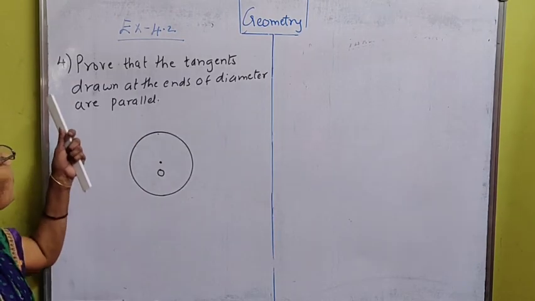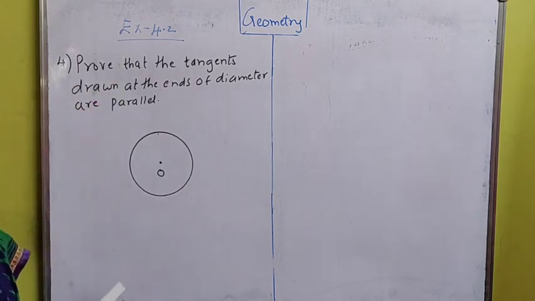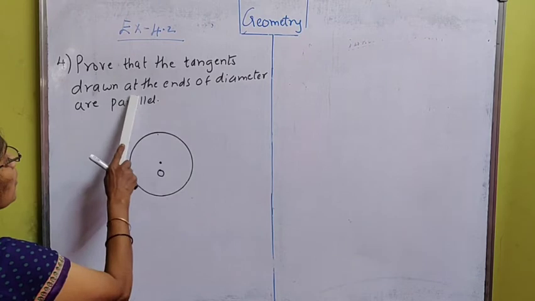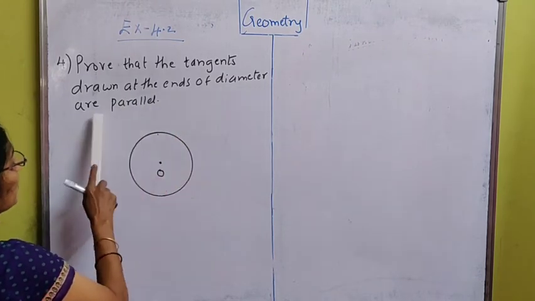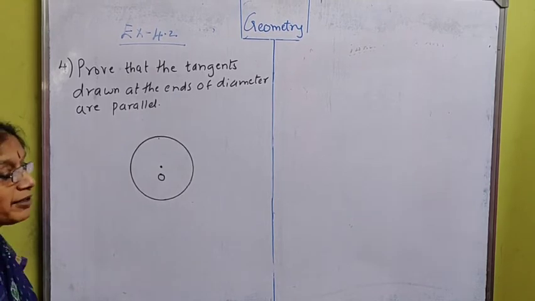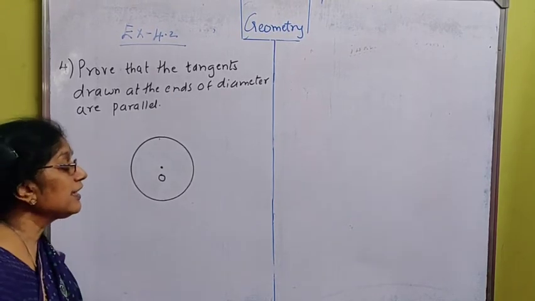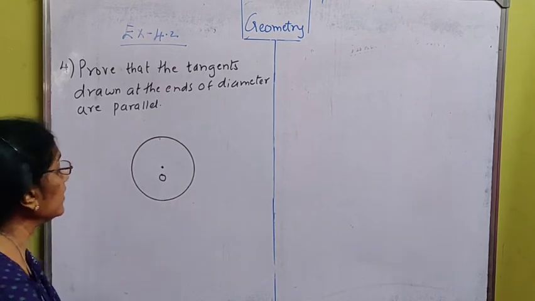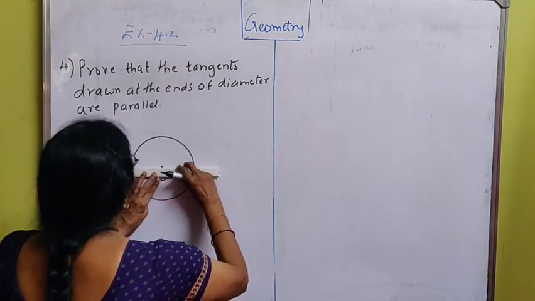Now let us see sum number 4 in exercise 4.2. What does it say? Prove that the tangents drawn at the ends of a diameter are parallel. So I have drawn a circle with center O. What did I say regarding the diameter? It is the longest chord and it passes through the center.